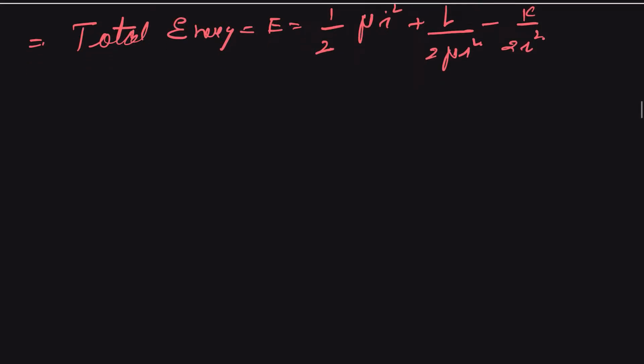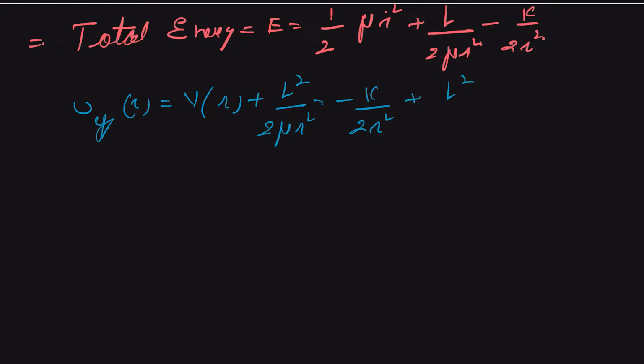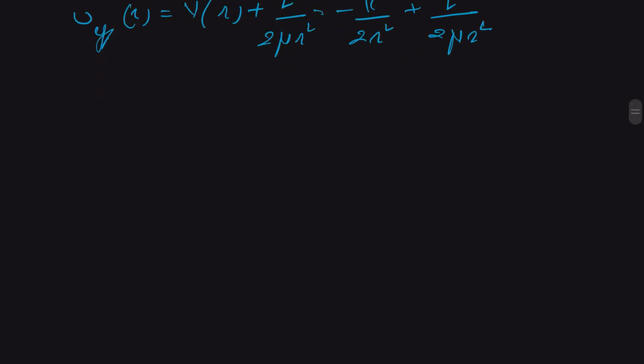From here we can also find out our V effective of r, which gives us V of r plus L square upon 2 mu r square. We substitute our V of r, which is minus k upon 2r square, plus L square upon 2 mu r square.